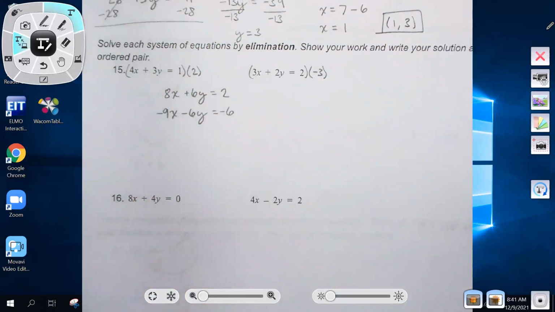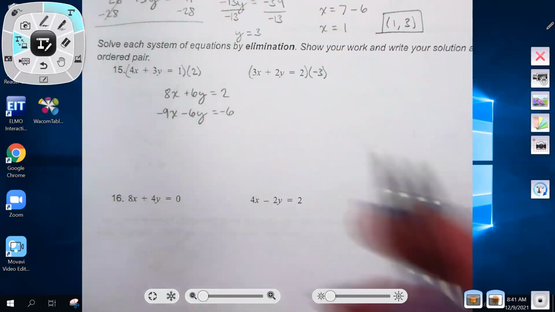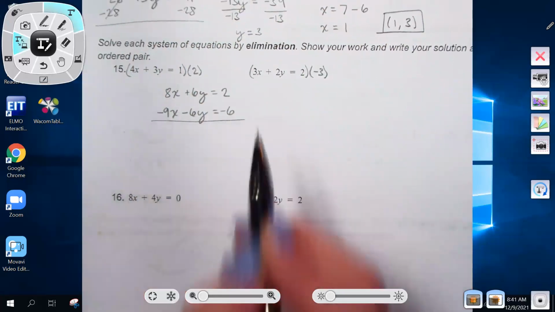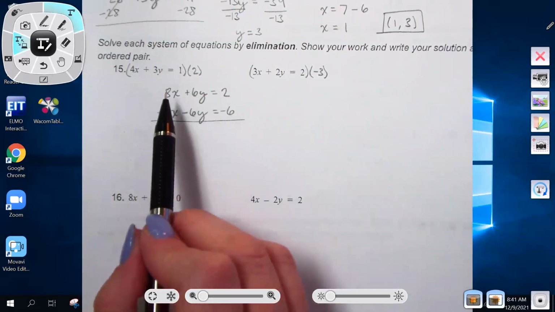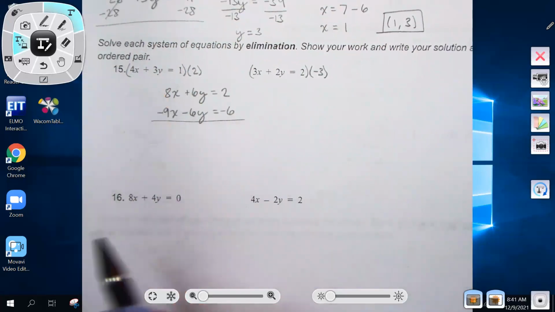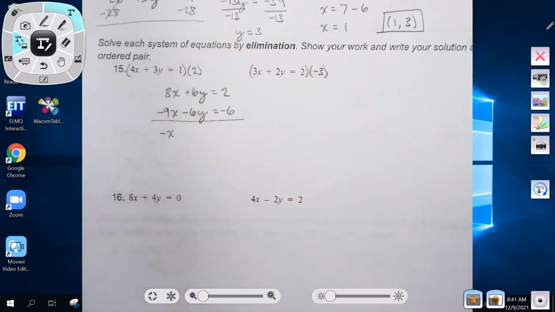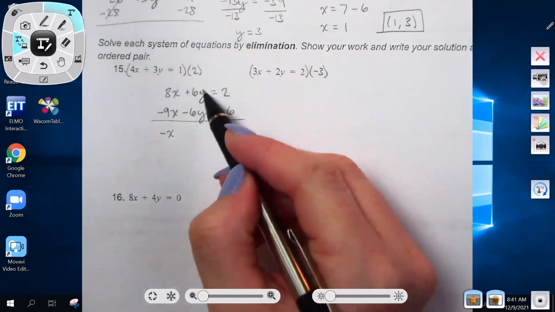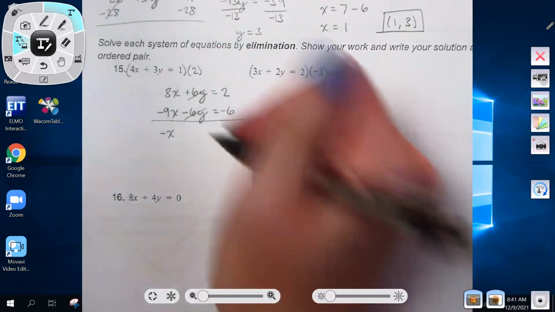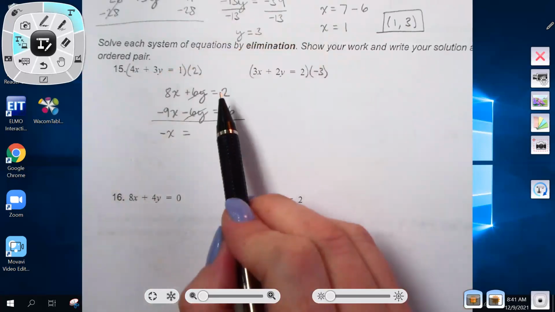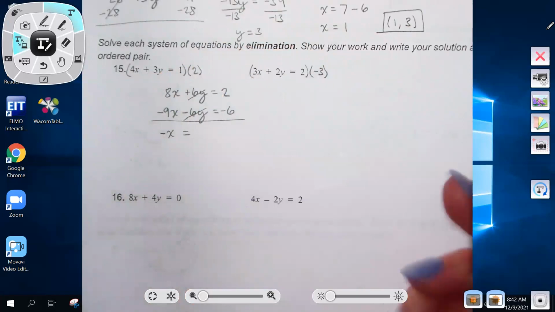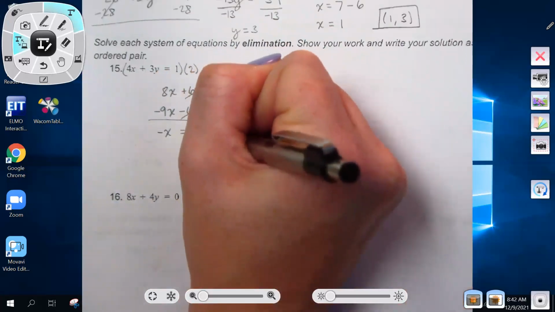So after you've made sure that something will cancel, now we can combine these equations. 8 plus -9, which is the same as 8 minus 9, we get -x. +6y and -6y cancel. 2 plus -6, or 2 minus 6, is -4.